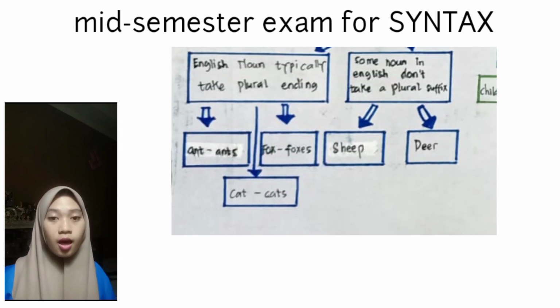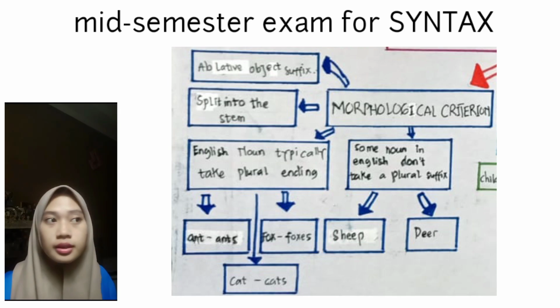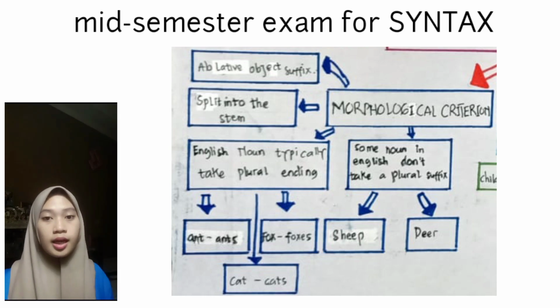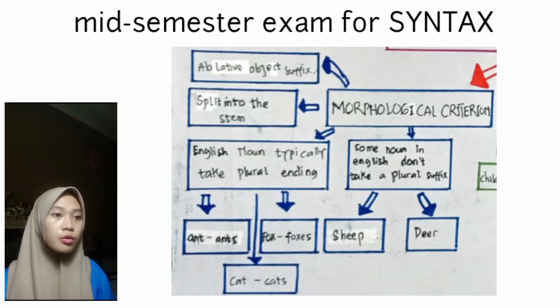Now we enter noun. Nouns in English don't take a plural suffix. These nouns are called uncountable nouns or mass nouns. Example, don't say sugars, but say units of sugar, because sugar refers to a mass unit of sugar. Now, money.